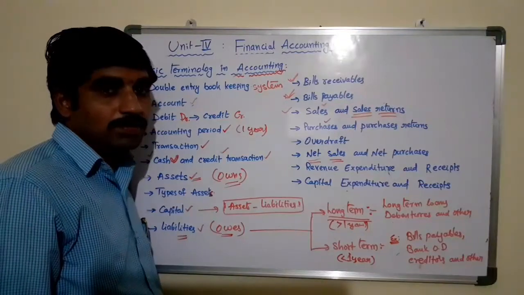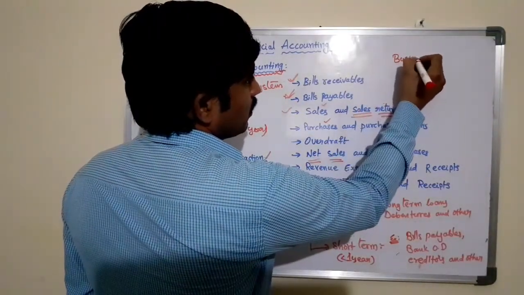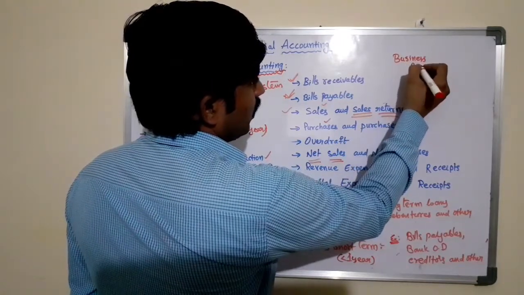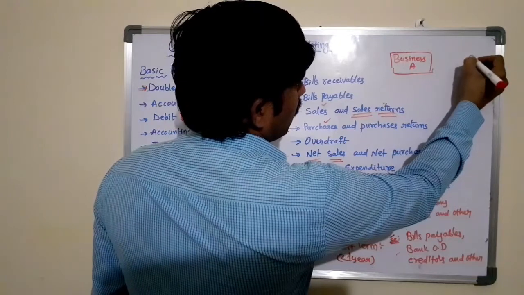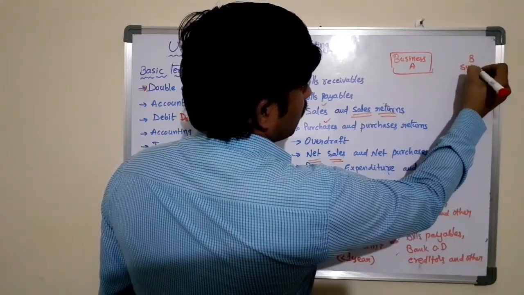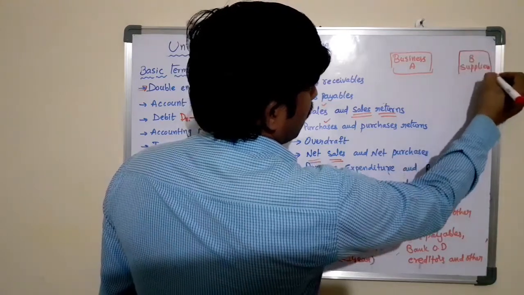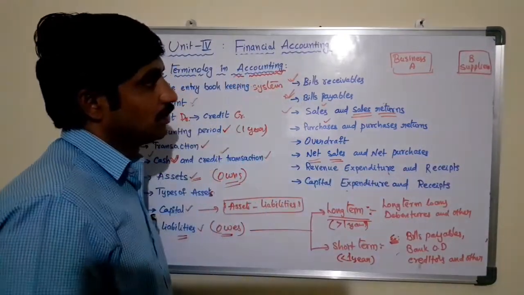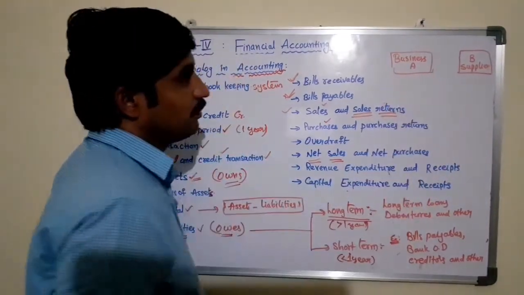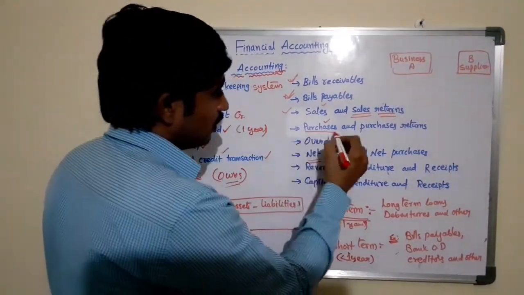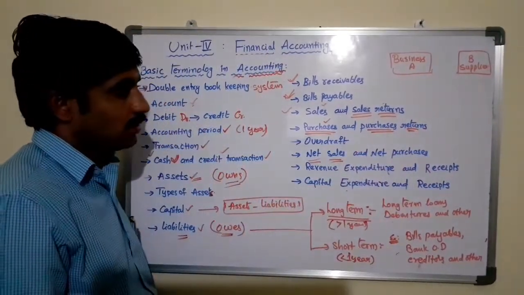For example, here this is business A, and there is another person in the market who is supplying the raw material to the business. So B is a supplier and A is a business. Now we are discussing the purchases and purchase returns.